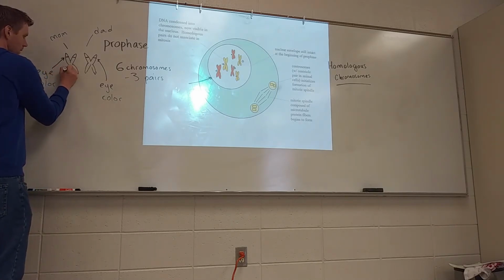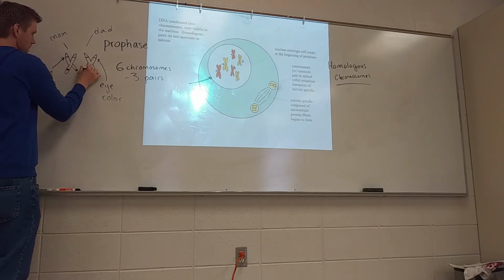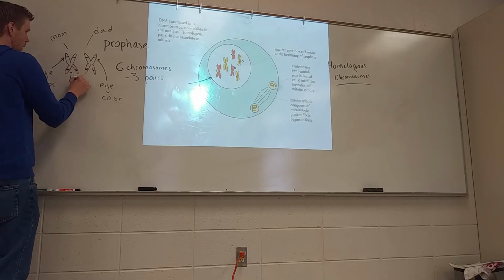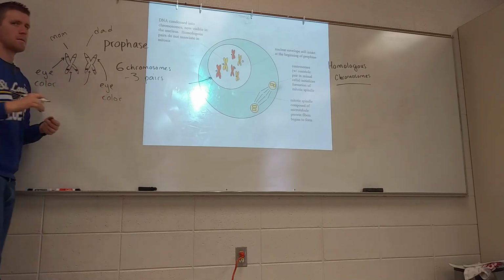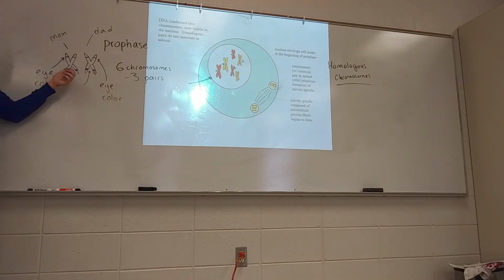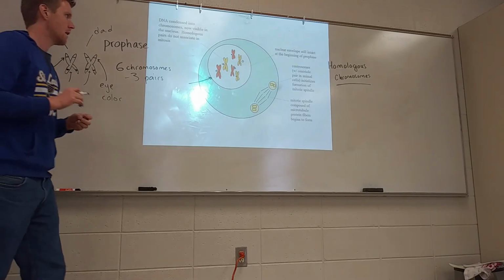Meanwhile, down here, on a different part of that same chromosome, there might be a gene that codes for how tall you are, or something along those lines. Point is, you've got genes that code for the same stuff in the same places on chromosomes that are members of a homologous pair. So that's what it means to be a pair of chromosomes.